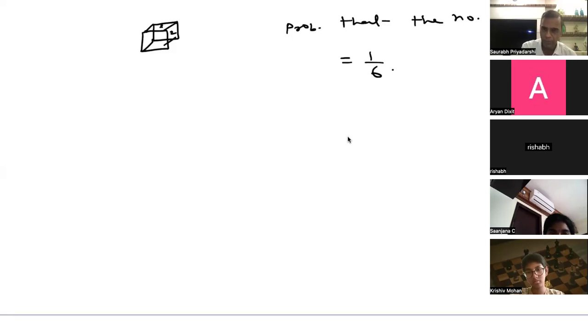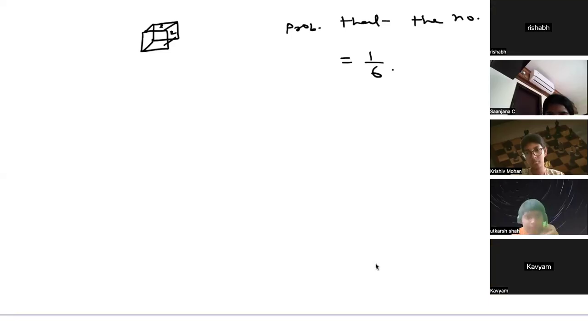It might be any one side. Okay. Utkarsh. So one of the situations. What is the meaning of this one of the situations? A situation in which the number is 6.